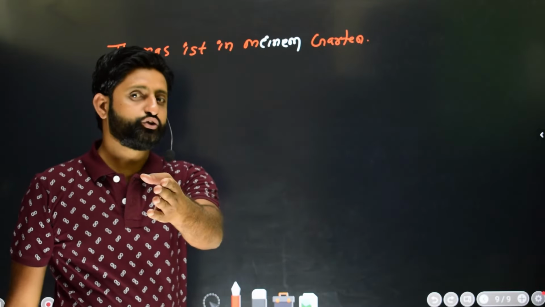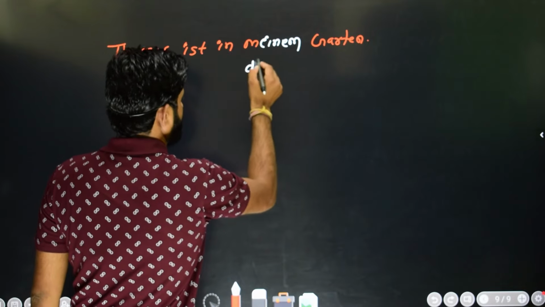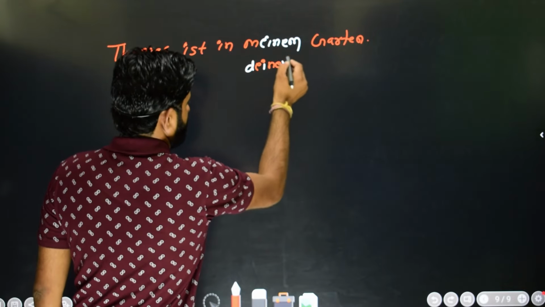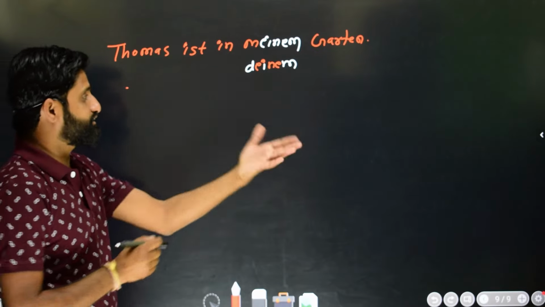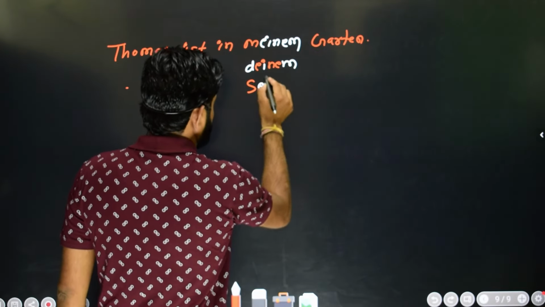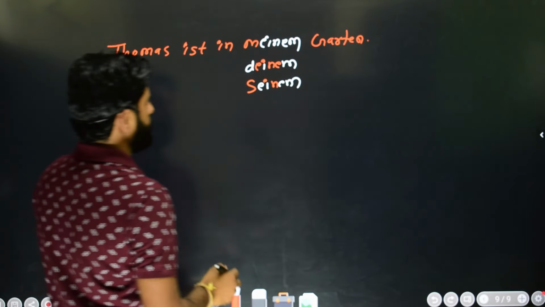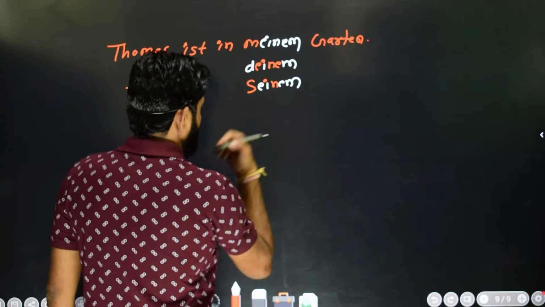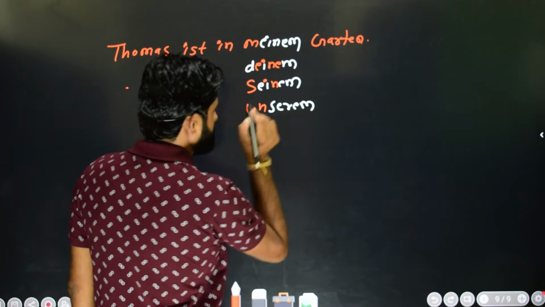If Thomas is in your garden, then it will be Thomas ist in deinem Garten. If Thomas is in his garden, then it will be Thomas ist in seinem Garten. If Thomas is in our garden, so it will be unserem Garten.